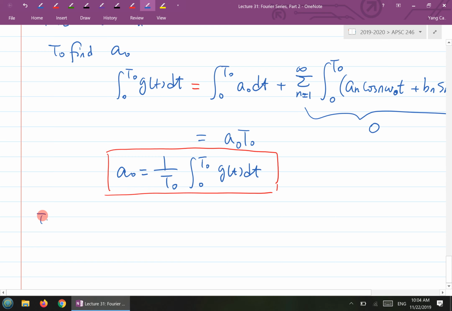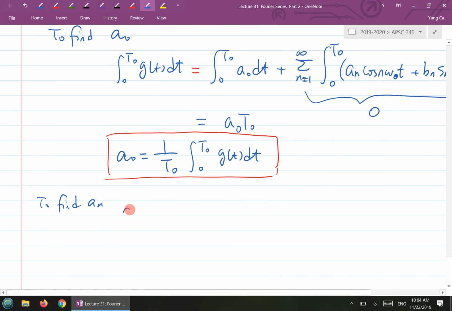For example, to find an, I won't show you the detail, but this is what you do basically. You integrate g of t times cosine. Anyway, let me skip this, it's going to take too much time. I want you to look at the lecture notes here.